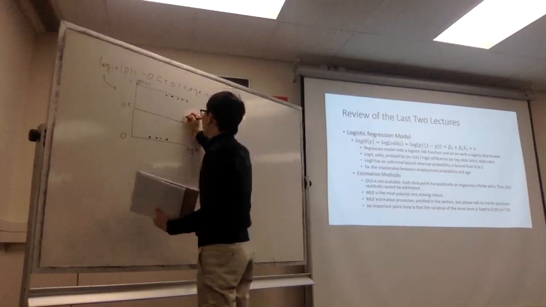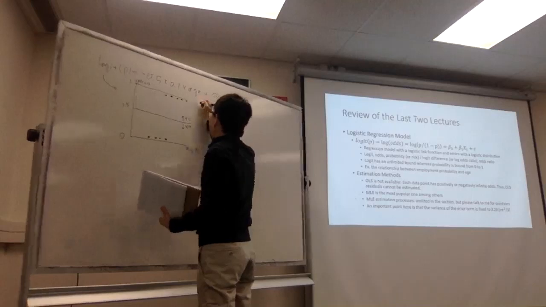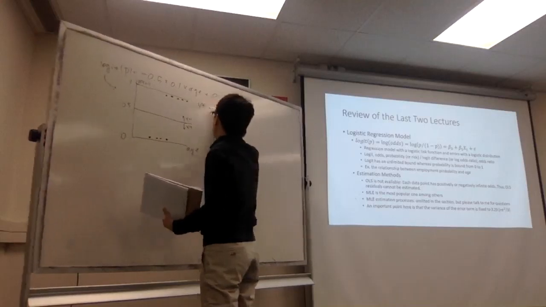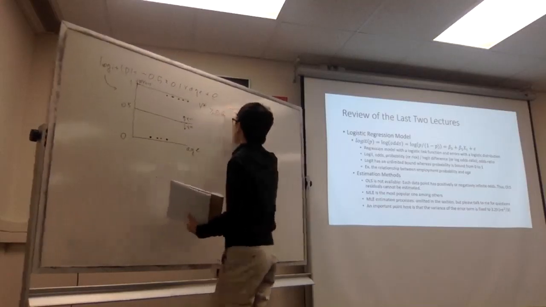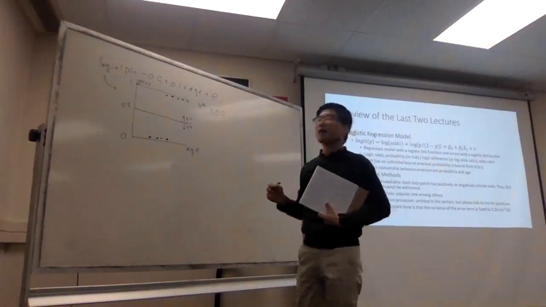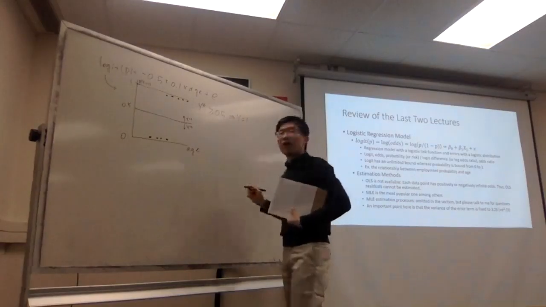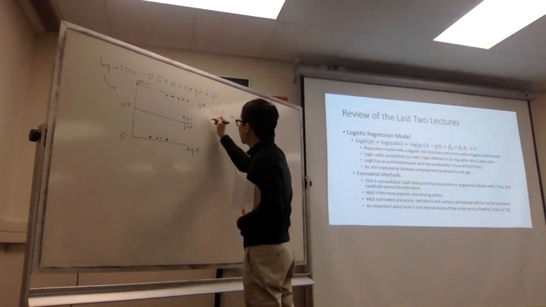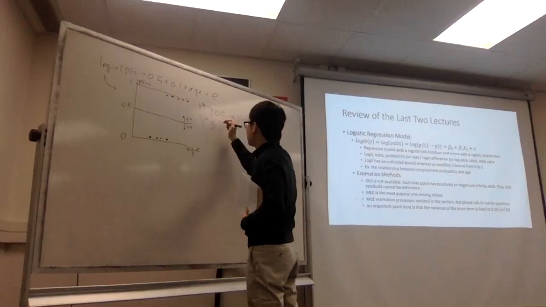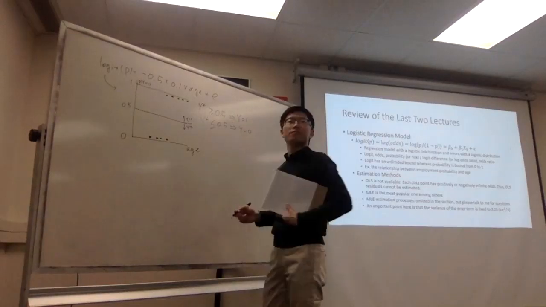We are assuming that if the latent tendency is higher than 0.5, then we observe y is 1, and if it is lower than 0.5, then y is 0.